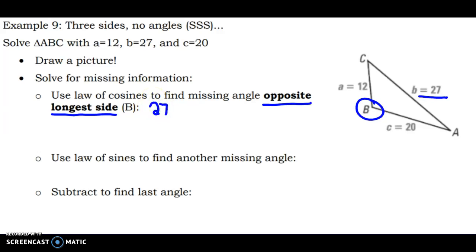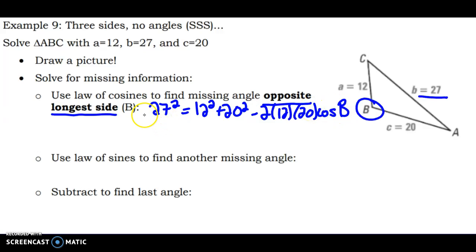So 27 is going to go on the left side, so 27 squared equals side squared plus side squared minus 2 times the sides on the right, cosine of the angle. We do not have every number on the right side, so you cannot put this in your calculator.